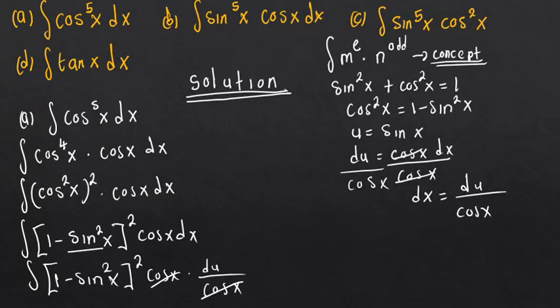So remember that our u was cosine x. Sorry, it was sine x. Okay, we made u equal to sine x.